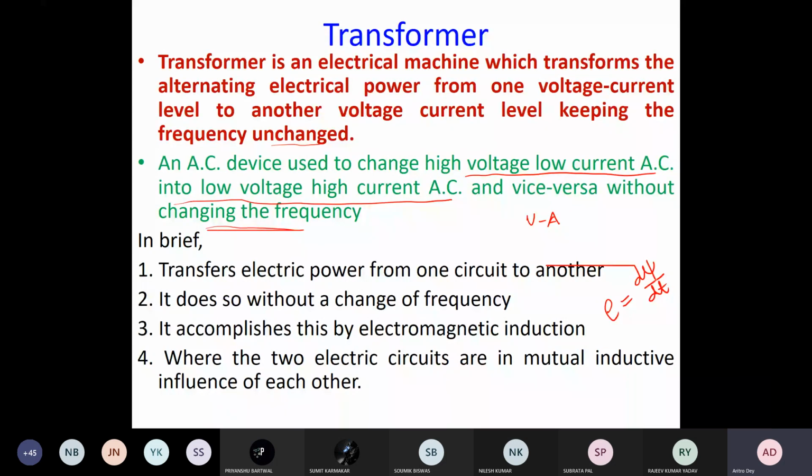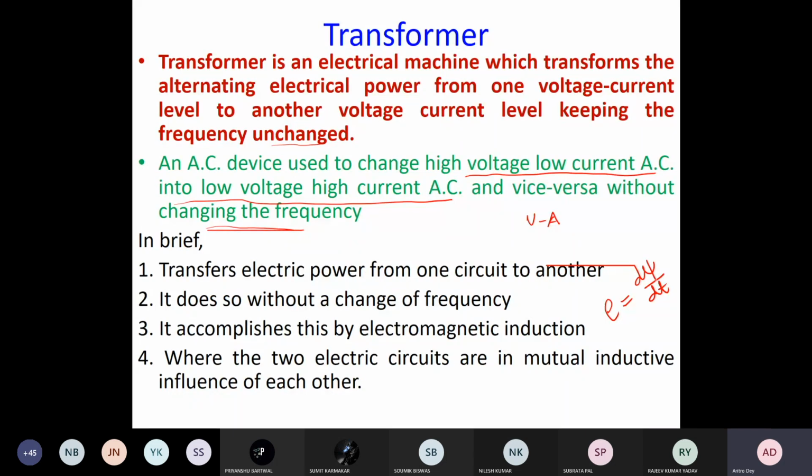Okay, so now if you use a linear relationship between B and H, then if you send a current I through the primary coil, your H will be developed.